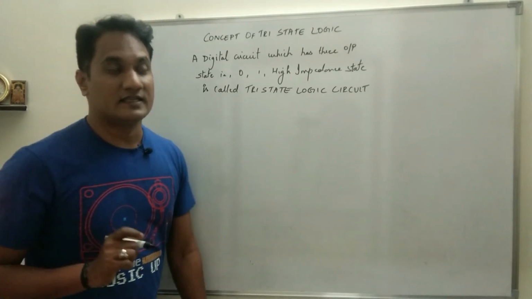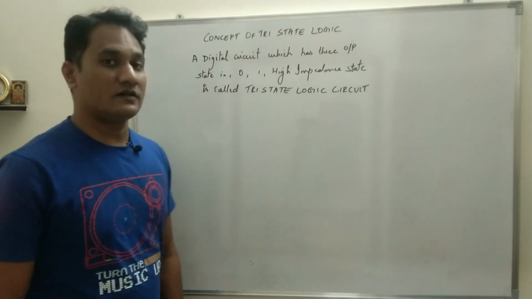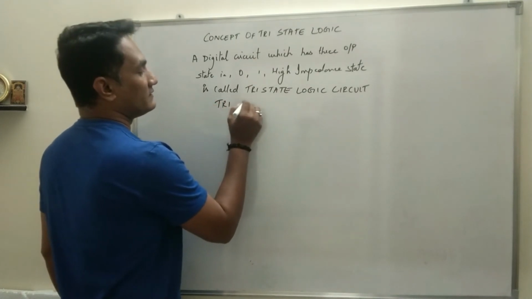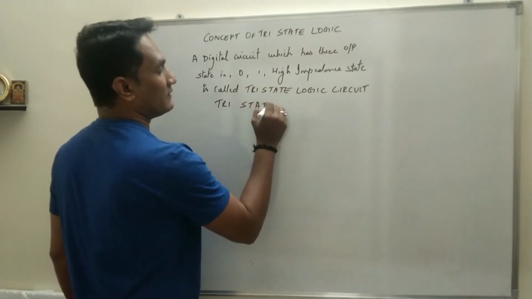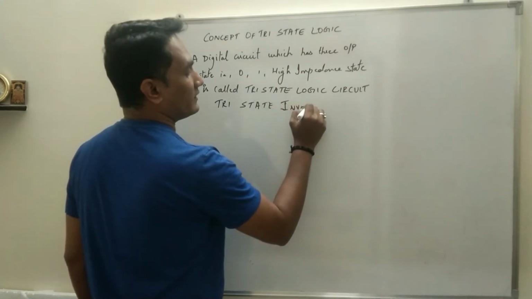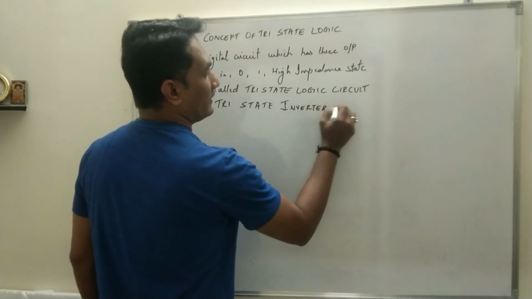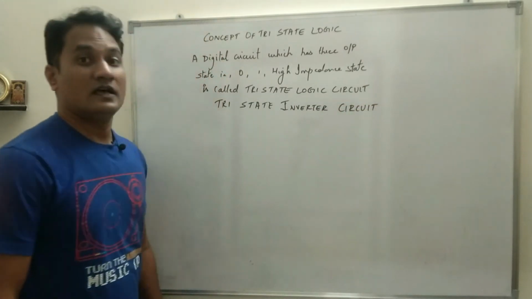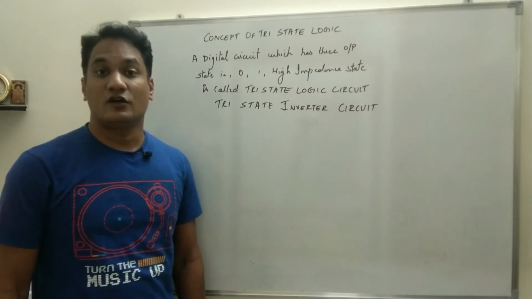To understand this concept of tri-state logic, we will try to understand the tri-state inverter circuit. That means, of course, we will try to understand a tri-state NOT gate circuit.